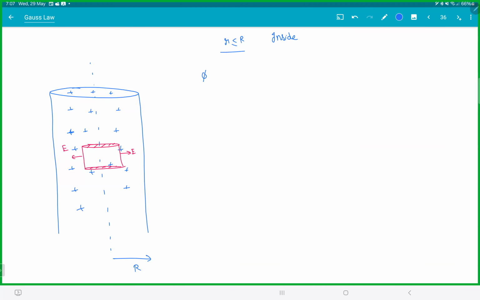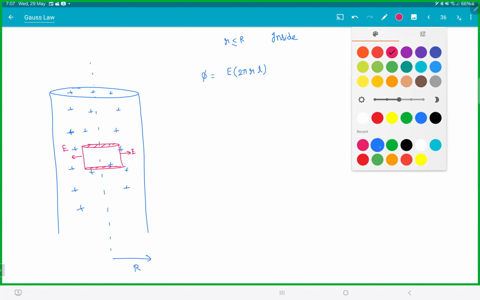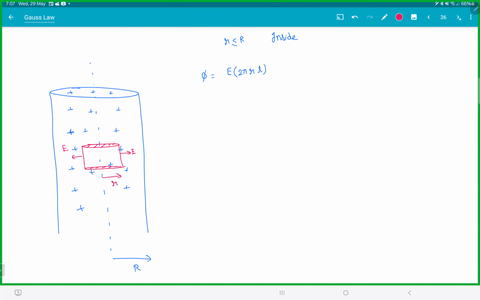So flux would be E into 2 pi r into L, where L is the length of that cylinder. This should be equal to charge enclosed by epsilon. Charge enclosed is rho into that volume, pi r square into L, by epsilon. So E turns out to be rho r by 2 epsilon. It's a linear function.